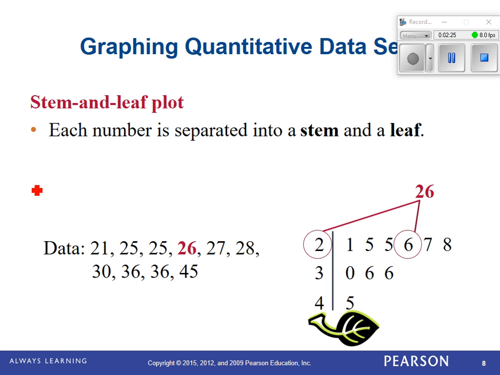The other thing we talked about last time is that a stem and leaf plot is sort of like a histogram. If I put bars around this and turn it sideways, it looks like a histogram.